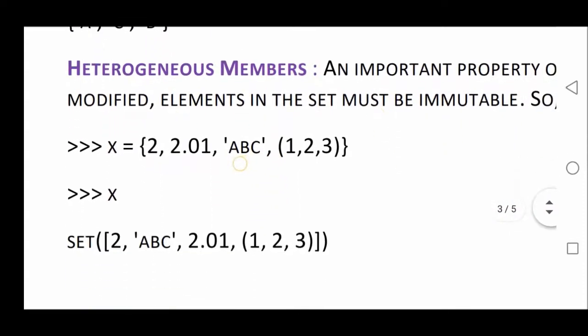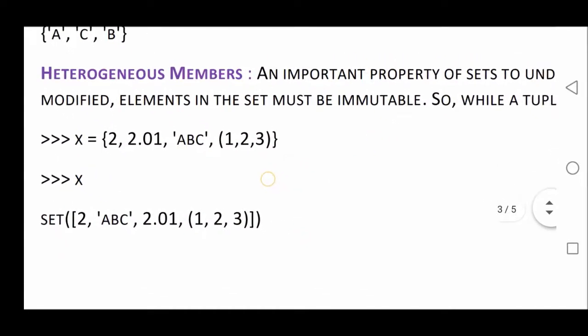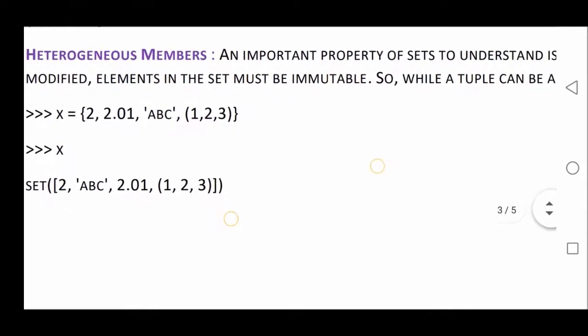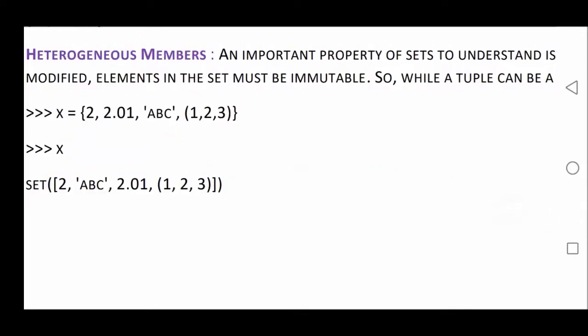If we take an example of heterogeneous members in the set, I mean by heterogeneous that they can be of any data type, but any data type doesn't mean they can be of the mutable category.